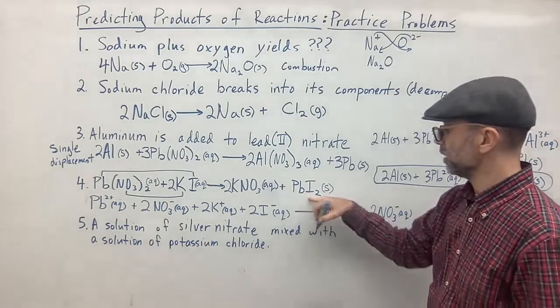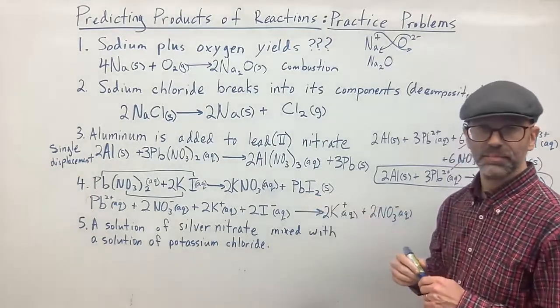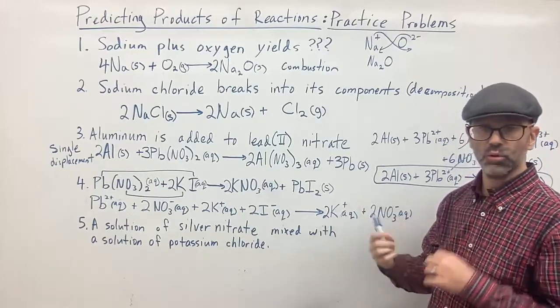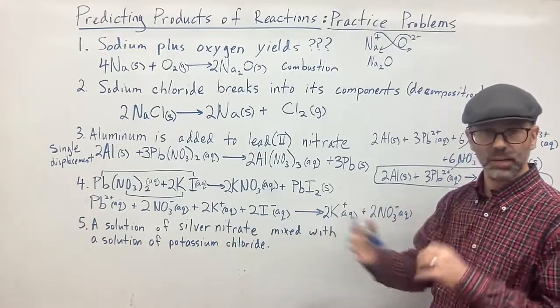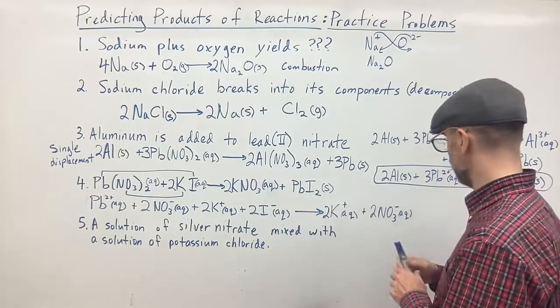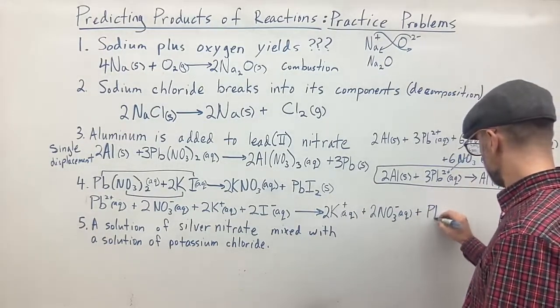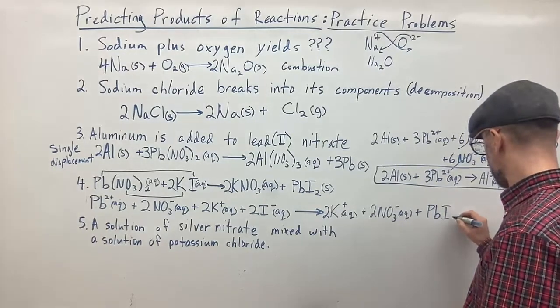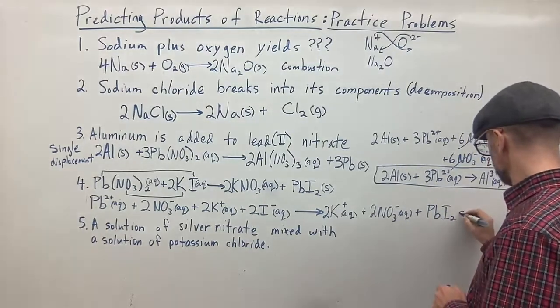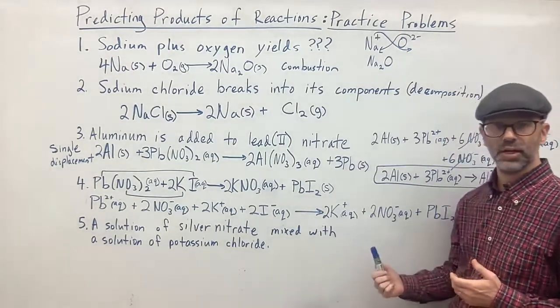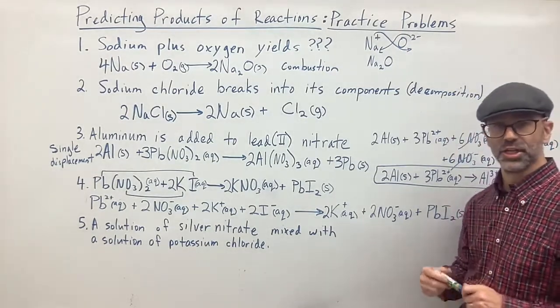And then I have the PbI2 solid. Remember, solids, liquids, and gases stay together. Only the aqueous substances are separated in the complete ionic equation. So that'll be plus PbI2, and that'll be solid.